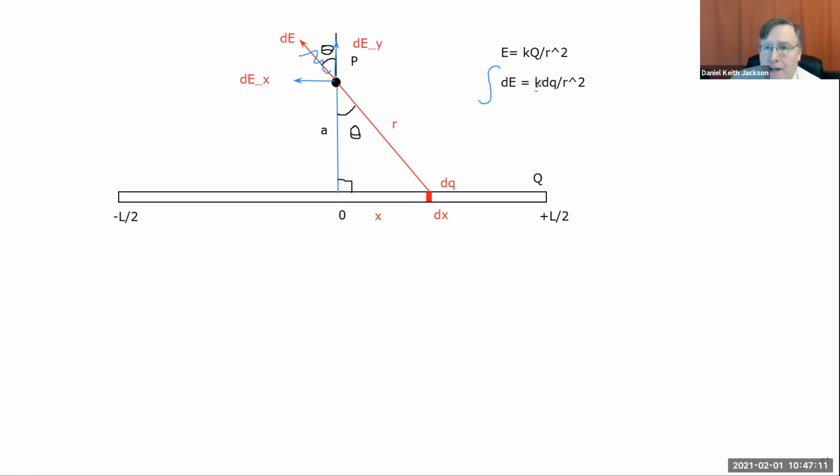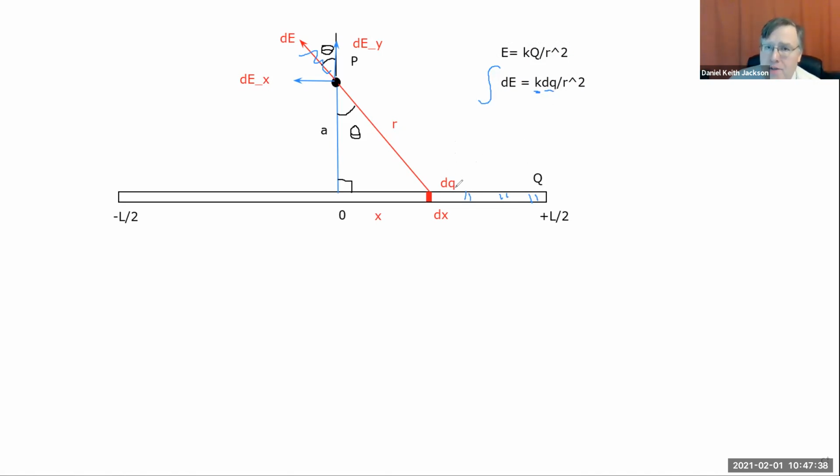Now, the K is a constant. That's a piece of cake. But the Q is not just one point. I want to add up all of the dQs here, here, and here. But Q is not a variable that I can integrate over because this increment of dQ, infinitesimally small as it is, is the same at all points.